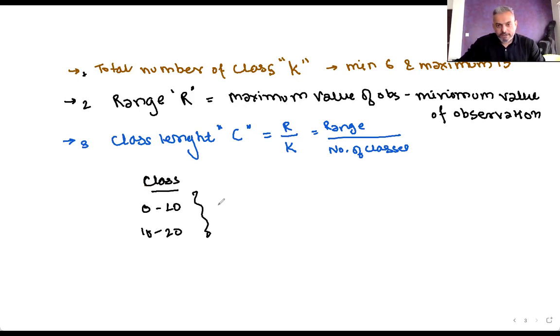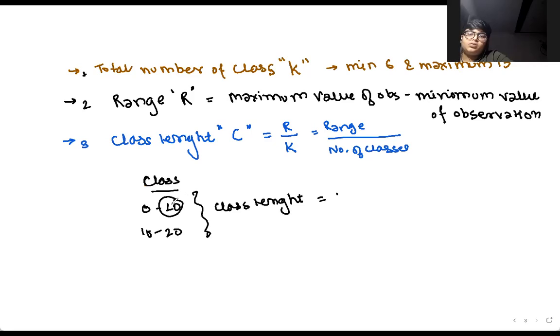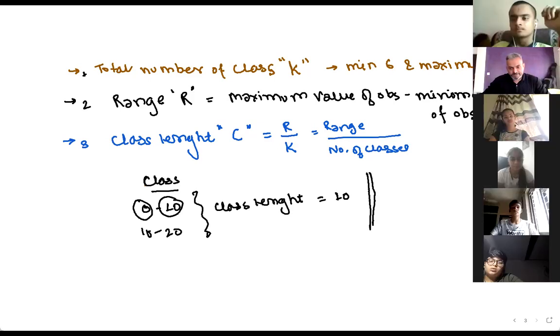Can you tell me the class length? क्लास लेंथ यानी क्या यहां पे? Yes, 10. Upper limit minus lower limit is basically your class ka length, which comes to 10. Very good.